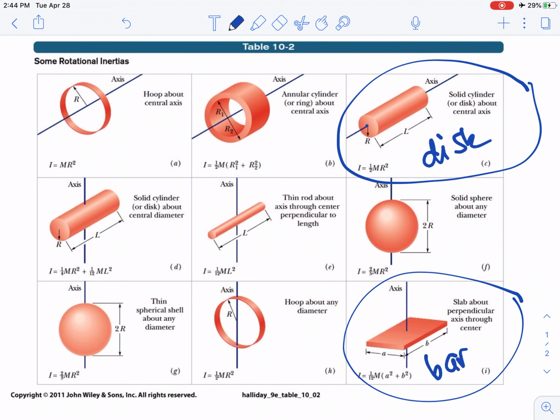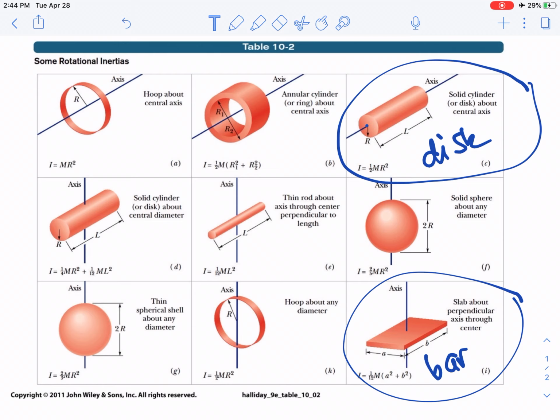The reason for that is, again, I'm given A, although A is not as big as shown here, much smaller compared to B, but I'm going to use the length of the bar as B and the thickness as A. Okay, and I'm going to use 1/12 m times A squared plus B squared. So that's the plan.